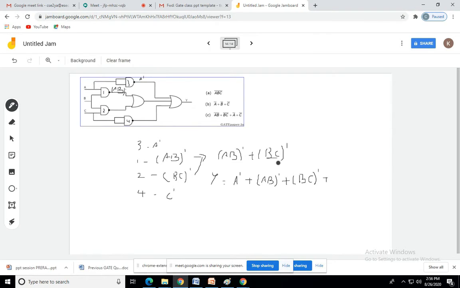Second input line gets over. Then the third input line is C dash. Okay.